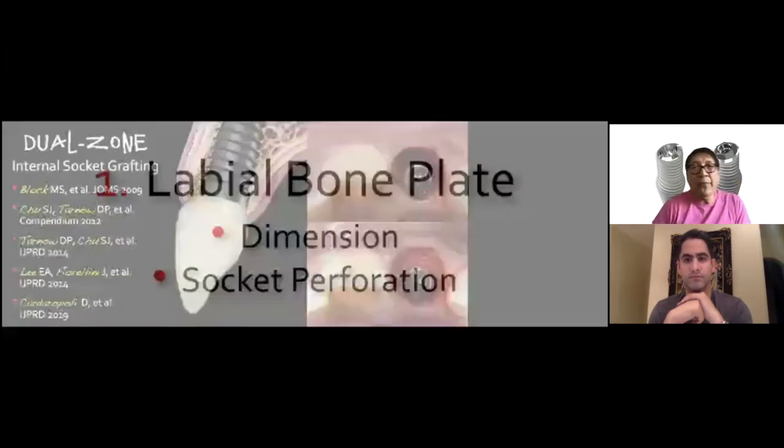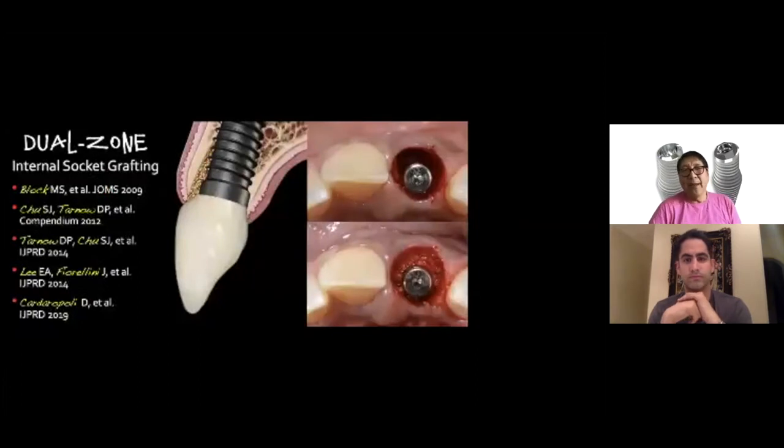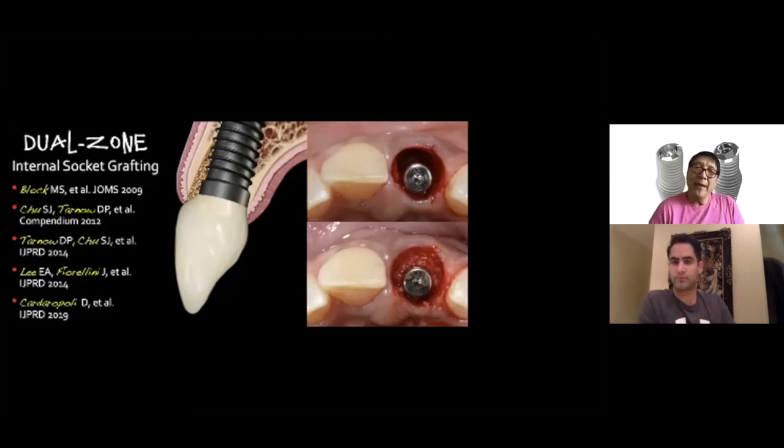Now, there are many studies out there that talk about how thick the buccal plate is, and in most instances, it's very thin. Hence, we learned from Mike Block's original work and work from Team Atlanta that socket grafting is really helpful, not from the standpoint of osseointegration, but from a standpoint of aesthetics, because we can maintain ridge volume and shape, and hence maintain our aesthetics.